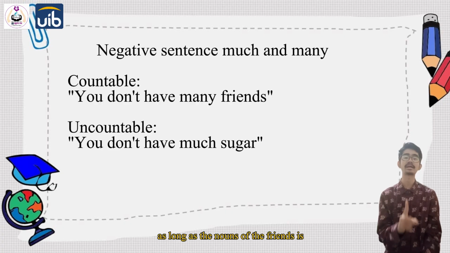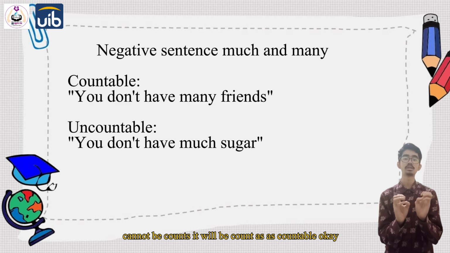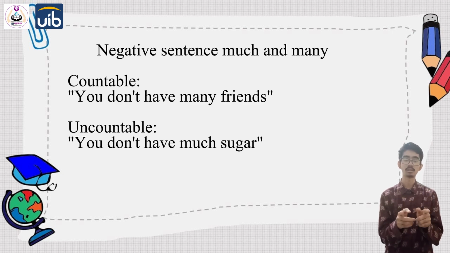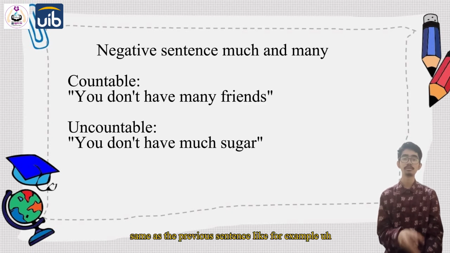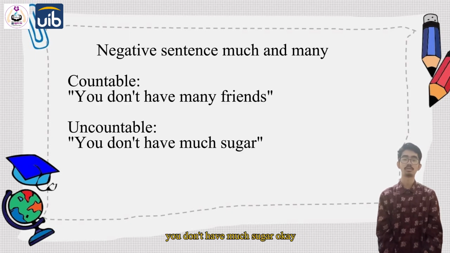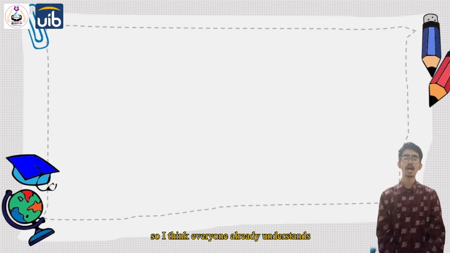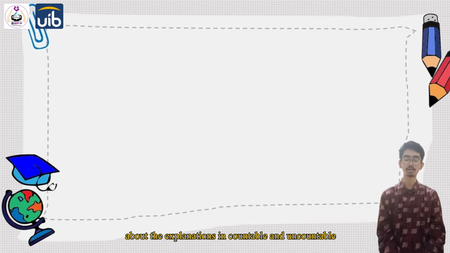Friends are countable nouns. How about the uncountable? Same as before, for example, you don't have much sugar. As long as sugar is an uncountable noun, you can use much, and you use don't for the negative sentence.